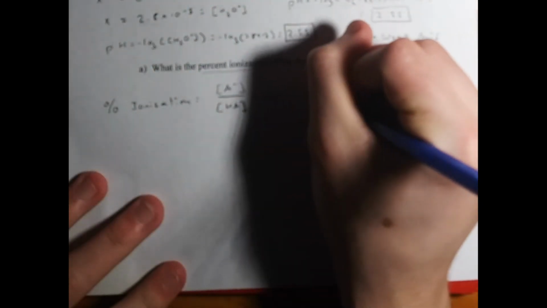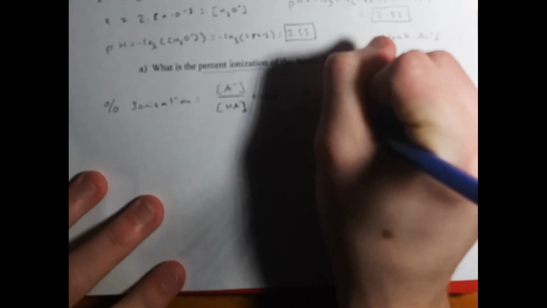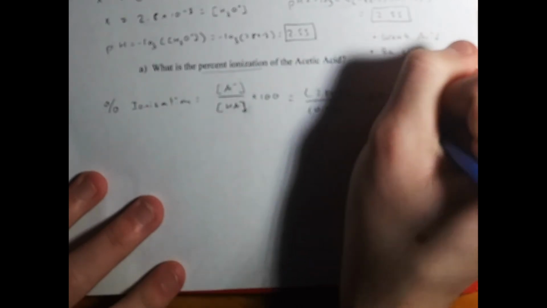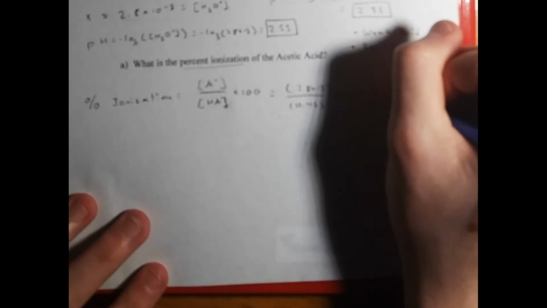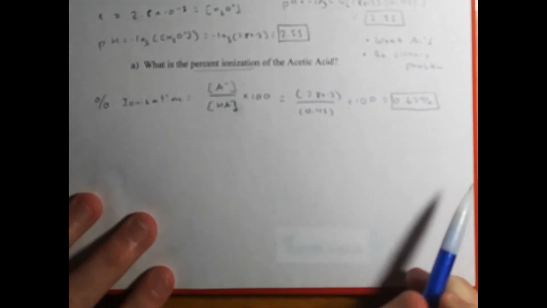So it'll be 2.8 e negative 3, and then HA will be 0.45, the one we've been using the whole time, times 100, and we get 0.62%. That's the percentage of HA that turned into its ionized form.